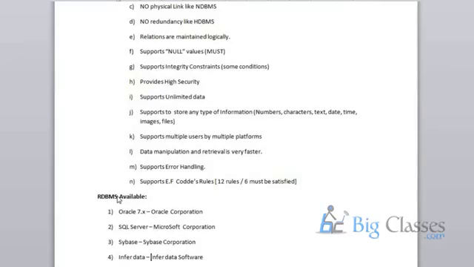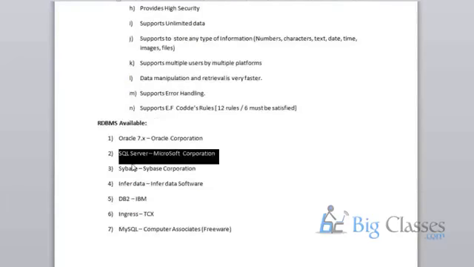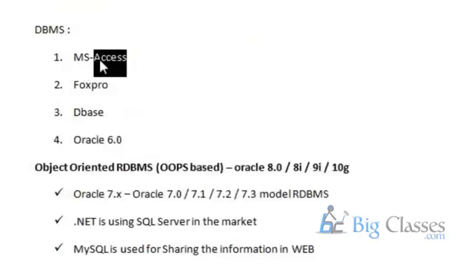All these are examples of RDBMS. Here you can see DBMS, Relational Database Management System and Database Management System. RDBMS is the enhanced, advanced one. DBMS is an older one. Examples for DBMS are MS Access, FoxPro, dBase, and Oracle 6 version.